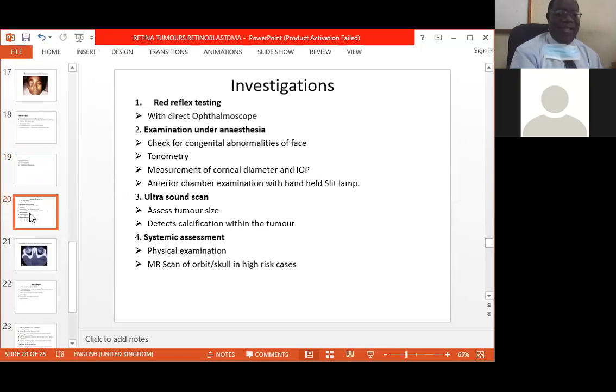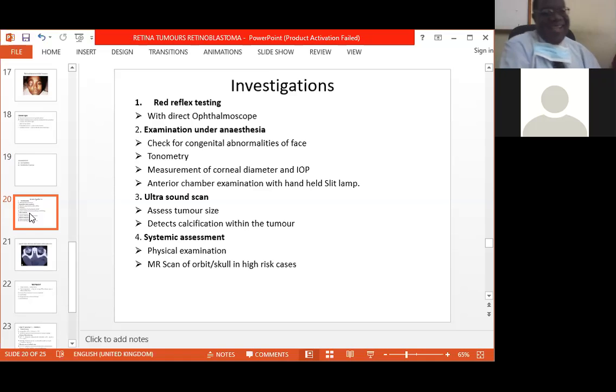Investigations. Red reflex testing with a direct ophthalmoscope. Examination under anesthesia, checking for congenital abnormalities of the face. Do tonometry. Tonometry is for what? For pressure, not for glaucoma only.